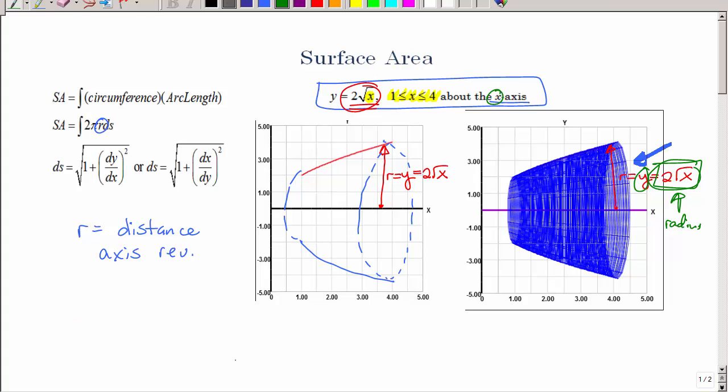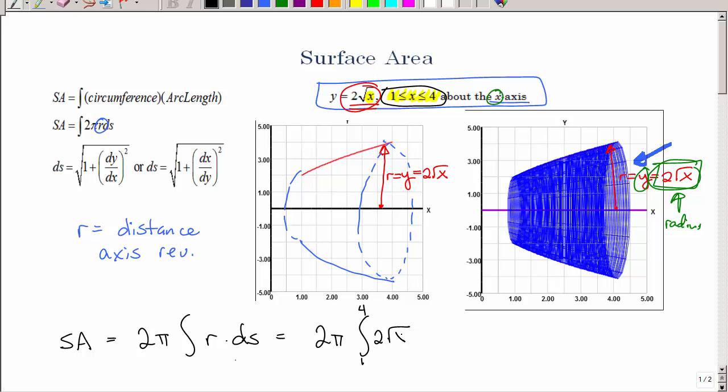So my surface area, remember, is 2 pi times the radius times your arc length. So in this case I have 2 pi. My limits are given from 1 to 4. My radius is 2 times the square root of x because I want to use x.